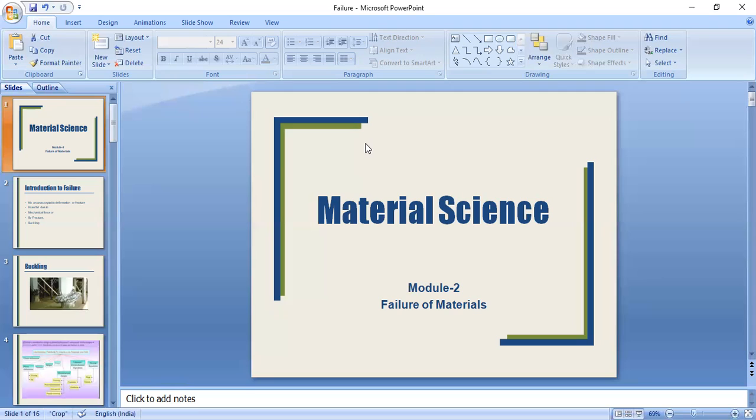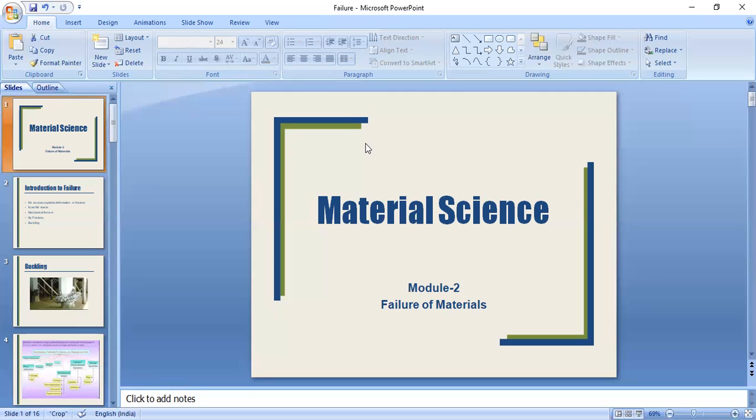Either it may be a tensile load, or a compression load, or a combination of tensile load and compression load. And even it has to face different environmental conditions, like higher temperature or lower temperature, or higher pressure or lower pressure.